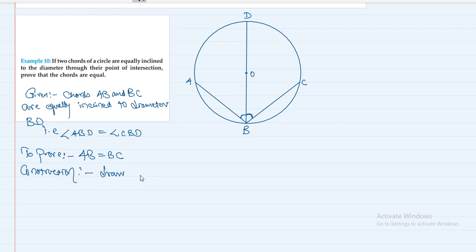Draw OP perpendicular to AB and OQ perpendicular to BC.